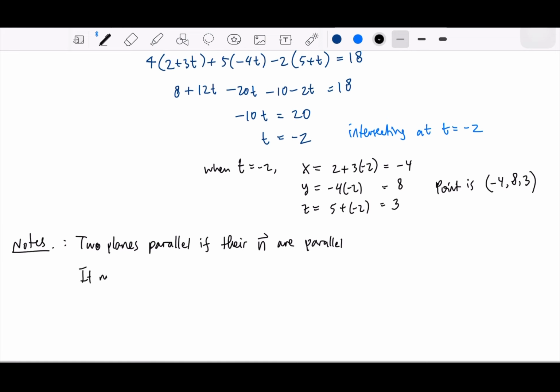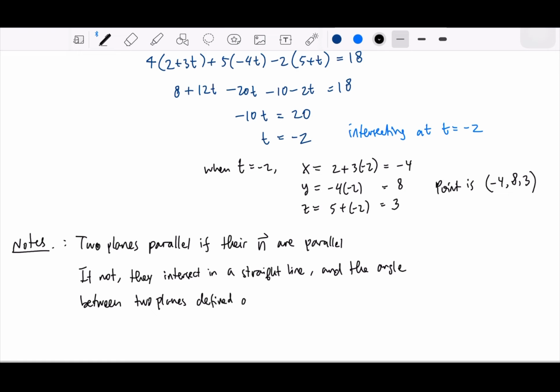If not, then they probably intersect in a straight line, and the angle between two planes is defined as the acute angle between their normals.